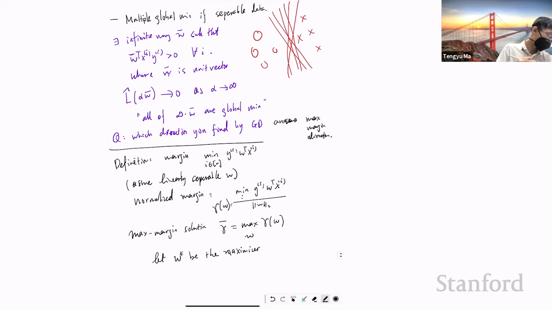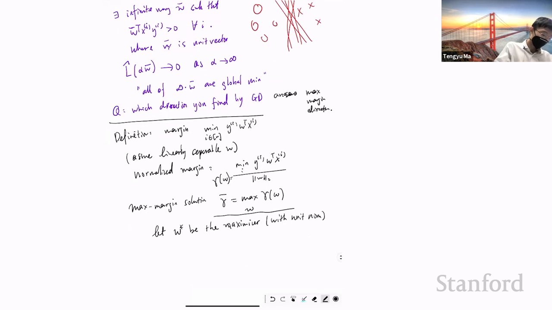This is the direction of the max margin solution, with unit norm, because this objective doesn't depend on the scale, since the scale is already normalized out. So we define W star to be the maximizer with unit norm. Basically we're going to prove that if you do gradient descent, the iterate will go to infinity, but only along the direction of W star. That's the theorem.